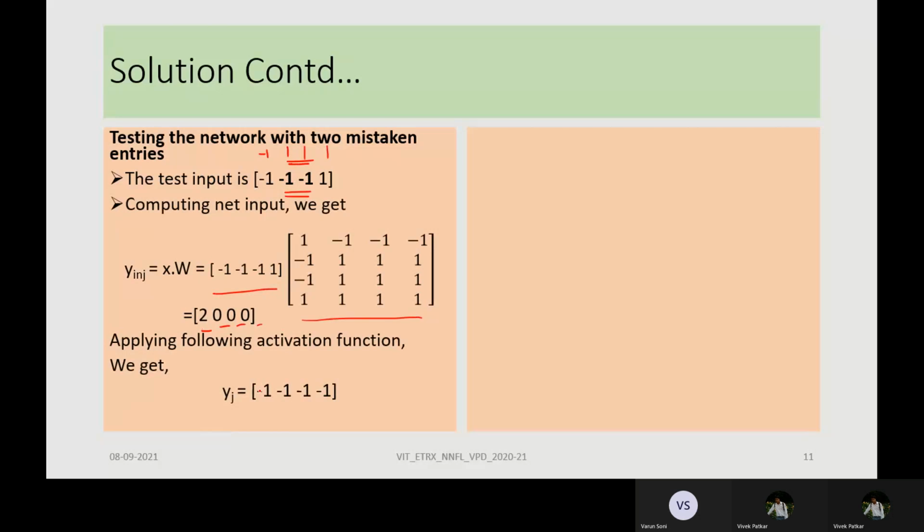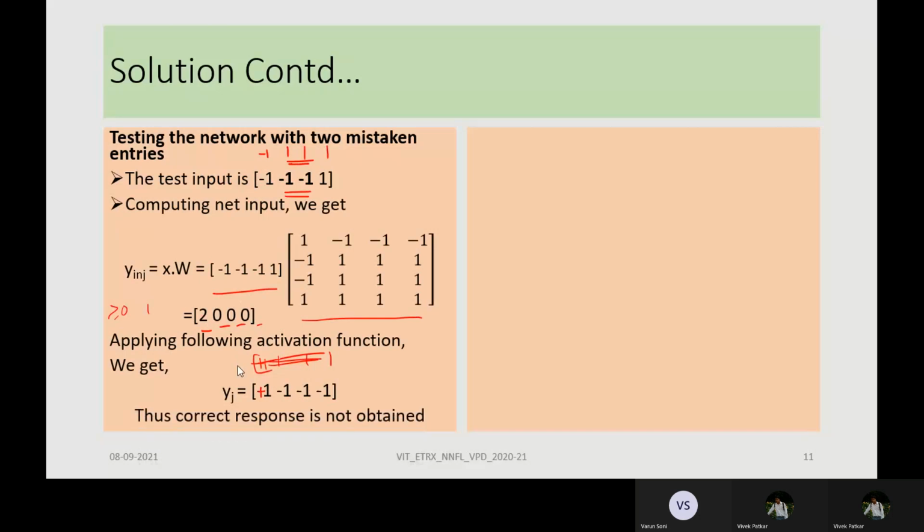Maybe this is positive one, and remaining all are minus one. And if you have taken activation function as greater than or equal to 0 रहेगा तो 1, फिर भी it becomes plus 1 1 1. Okay, still the pattern is not recovered. So if 50% of the data is mistaken, then our network doesn't work.